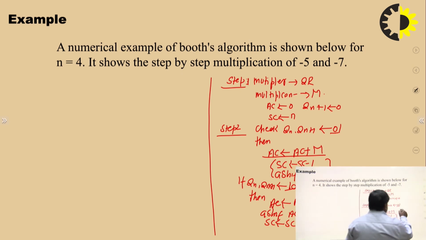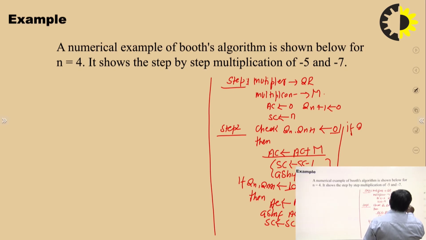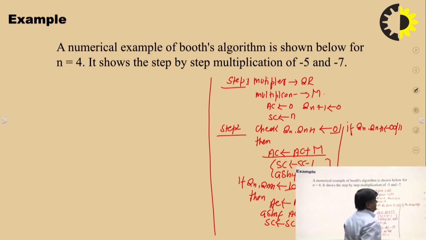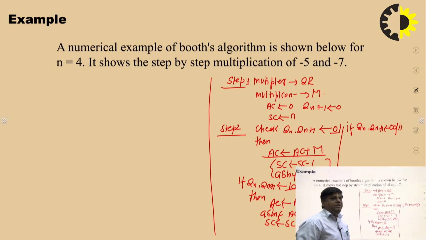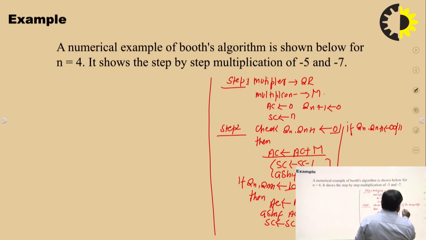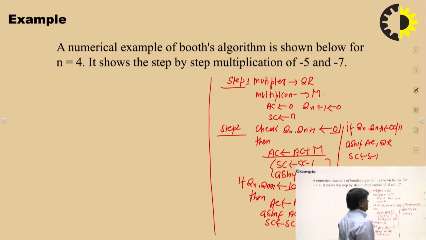Now, the third case: if Qn and Qn plus 1 is 0, 0 or 1, 1, then no operation is performed and only arithmetic shift AC and QR and SC is equal to SC minus 1.